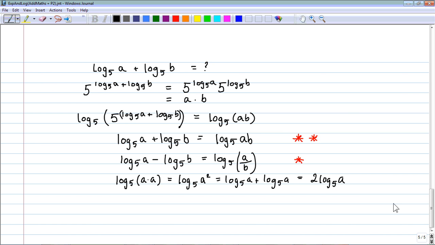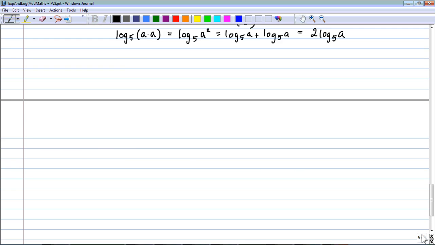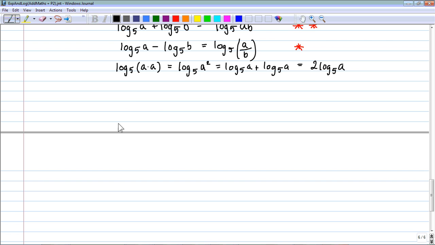And by the same logic, we could change to log base 5 of a to the power 6, and we would see that by this same process of logic we get 6 log base 5 a.